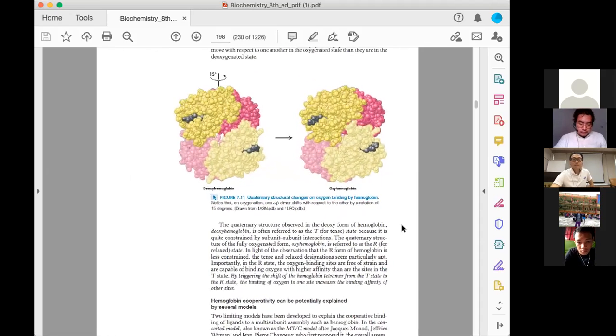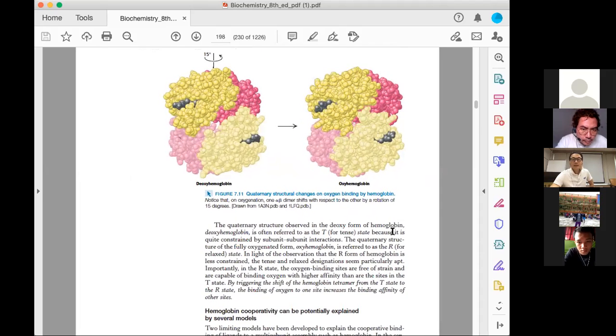Can you see that? Is the cooperative binding of oxygen by hemoglobin better described by the concerted and sequential model? Please ignore that.